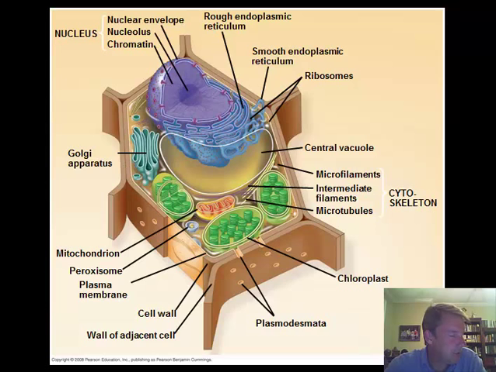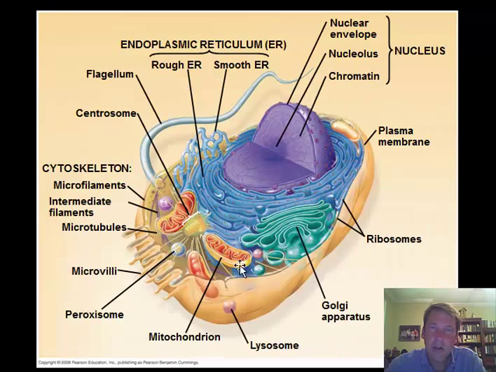And the next one we look at in the outline is a very important organelle. It is the mitochondria. We'll talk about this organelle quite a bit when we get into some of our metabolic reactions in our next unit. We'll be looking at some of that as well.